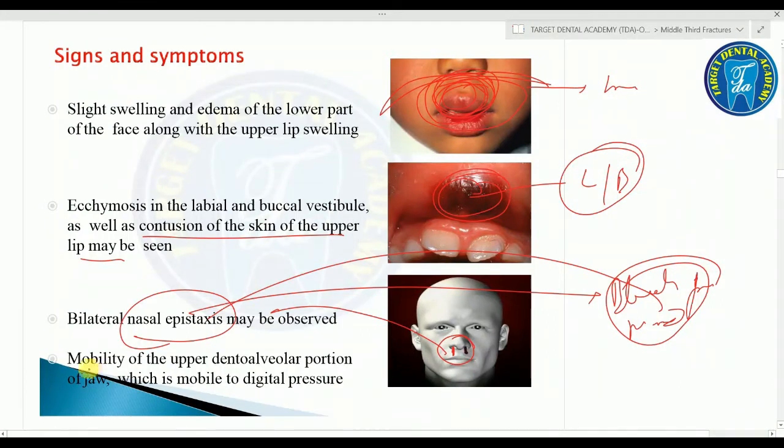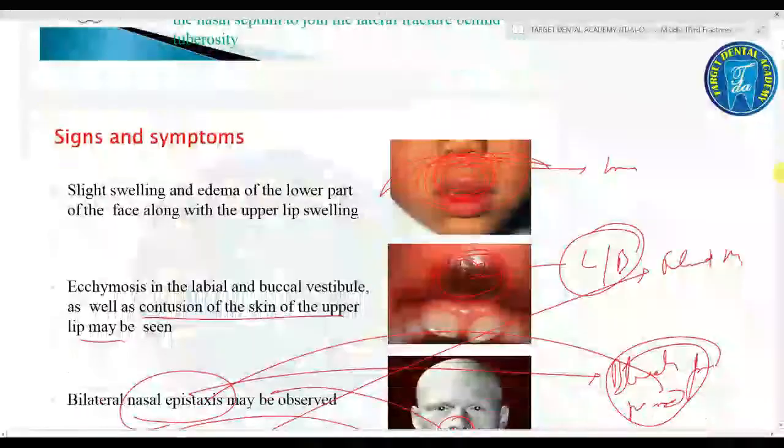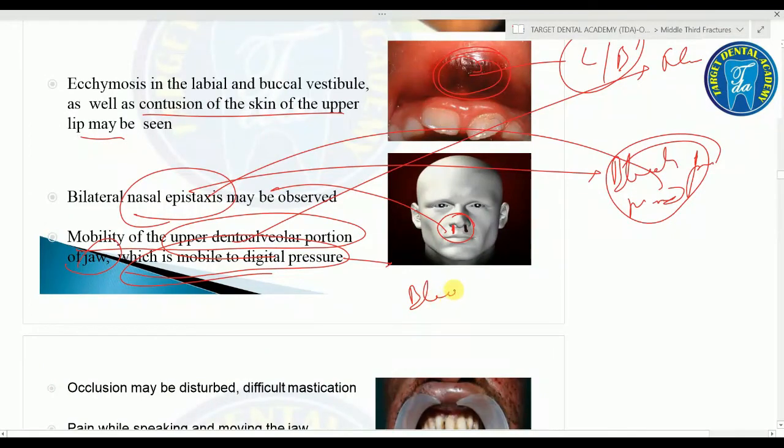You can observe mobility of the upper dentoalveolar portion of the jaw. That is why it is known as the floating maxilla, which is mobile to digital pressure, and this point is very important, the bleeding is from the antrum.